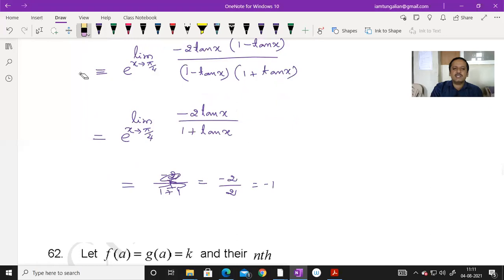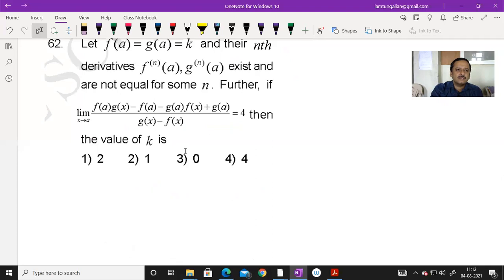Tan 2x, and cancelling that term, we get minus 2 tan x... Now you have pi by 4.